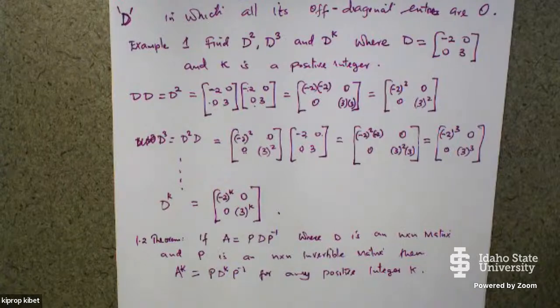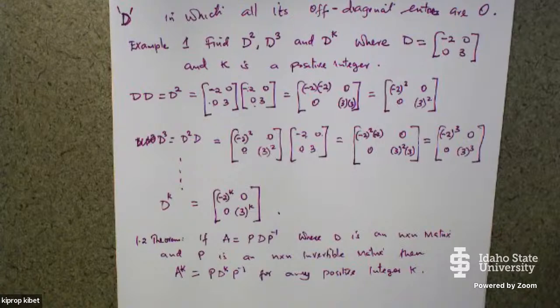Now, if A and D are similar, and D is a diagonal matrix, then it means A is also diagonalizable. So if it is like that, then A raised to k, A raised to 2, A raised to 3 is similar to D raised to k, D raised to 2, D raised to 3.